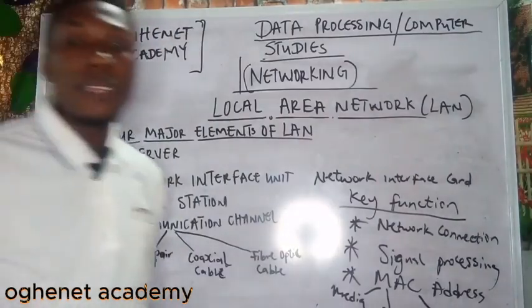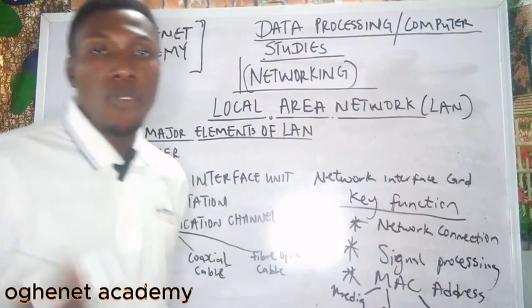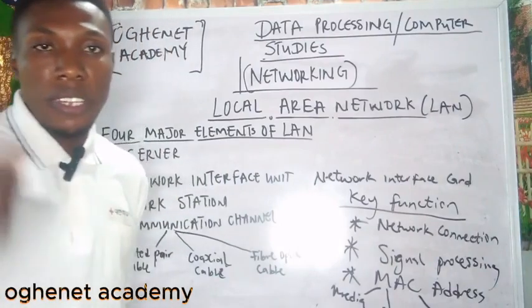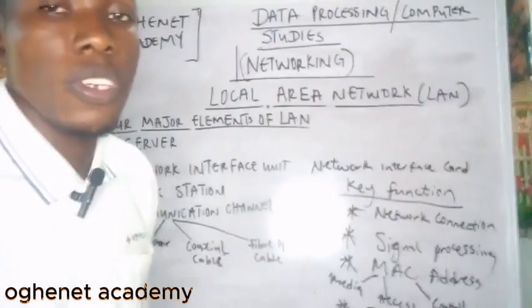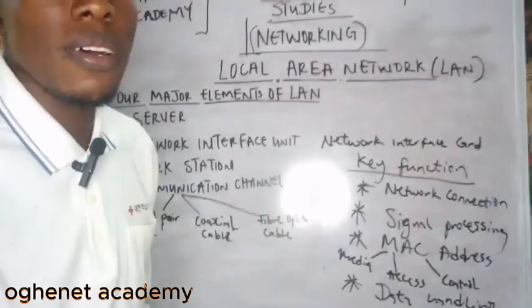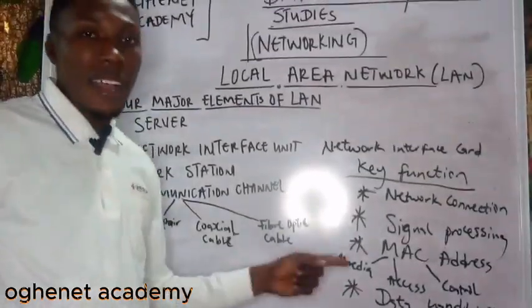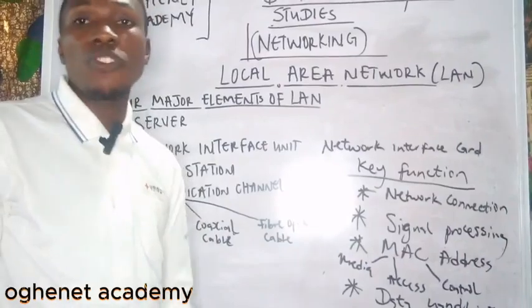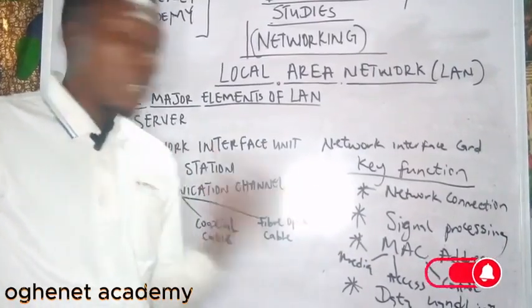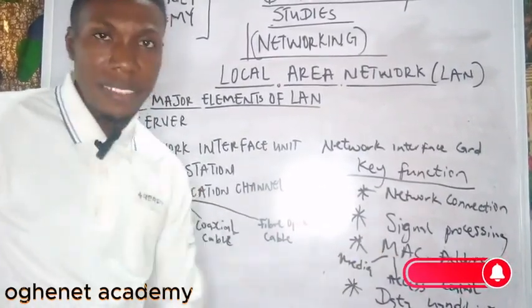Now, data handling. Let me bring my camera down a little bit so that you can see the data handling. What does the network interface unit do when it comes to data handling?